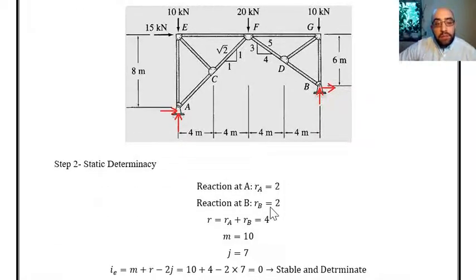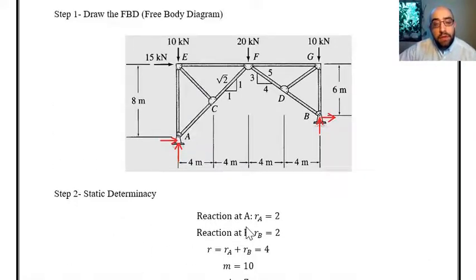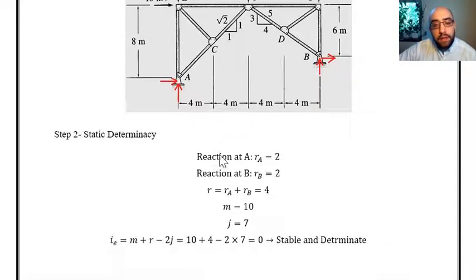The next step is to check if this truss is determinate or indeterminate, and also checking whether it is stable or unstable. For that, we know we have to use this equation, and for using this equation, we have to put the values of M, R, and J. M is the number of members. Over here, you can see we have 1, 2, 3, 4, 5, 6, 7, 8, 9, and 10.